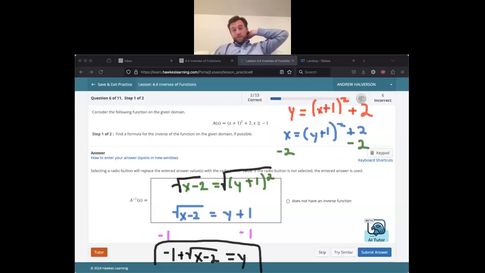Any questions on that? Why would we prefer the square root over the square? That's just the thing. You remember, when you solve equations, you do the opposite. So the opposite of squaring something is the square root.